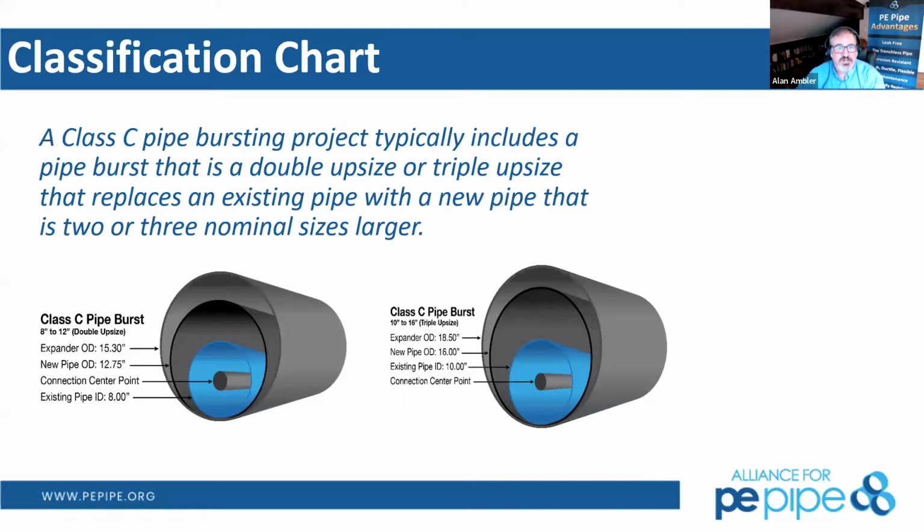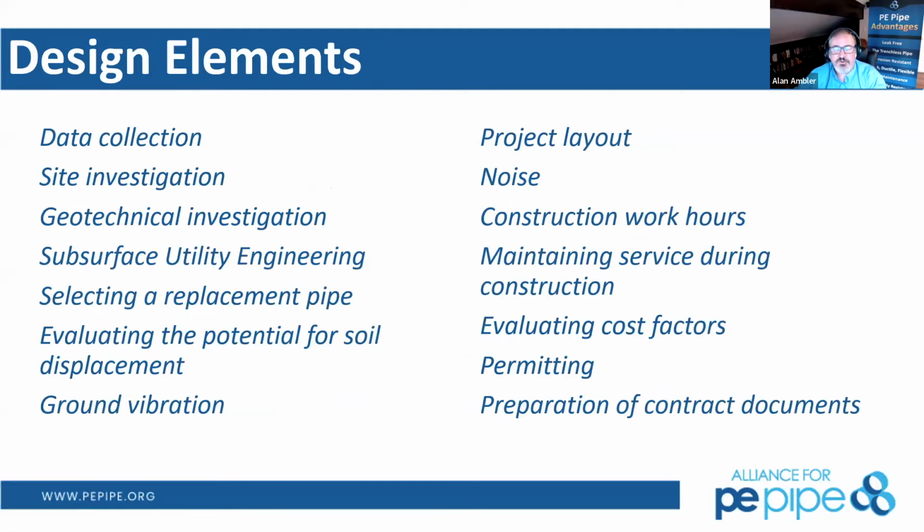So the general rule of thumb becomes 1 inch of expander head above the ID or OD of the existing pipe. We need about 1 foot of space above that. Now that's just a rule of thumb. There's a restoration item within most pipe bursting projects that you bid, and simply if they do heave in certain areas, they are required to restore it if you write your contract that way.